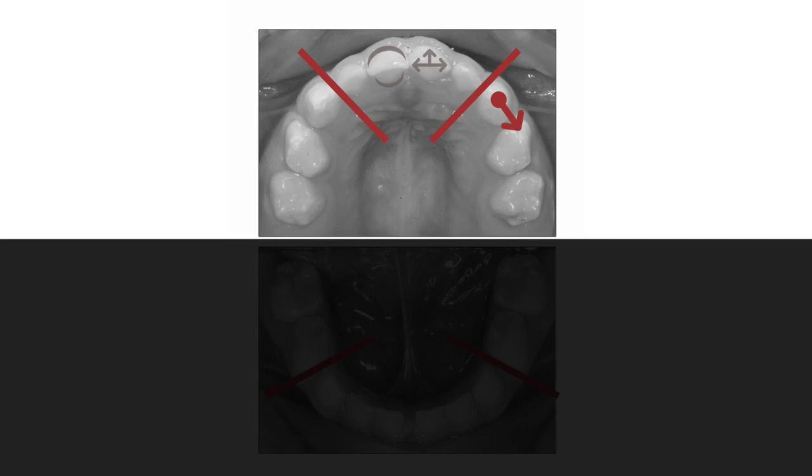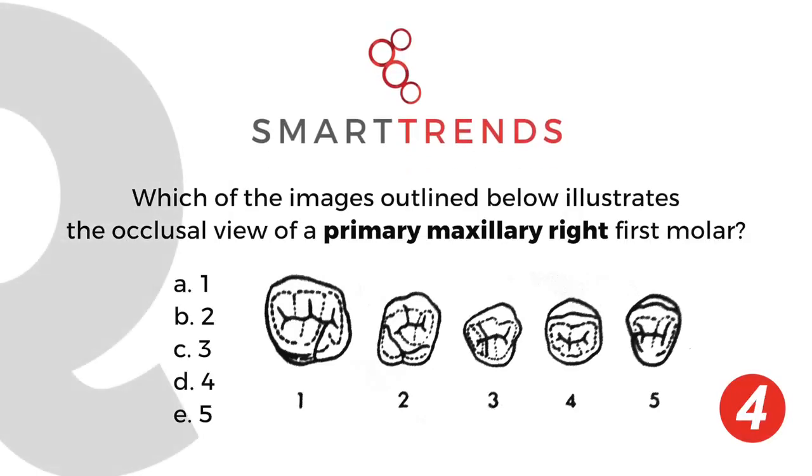You're likely going to see a couple questions on the primary maxillary first molar. This is the most readily identifiable primary tooth because of the buccal cervical ridge on that mesial buccal. I'd be very surprised if there wasn't a picture of this on your test.